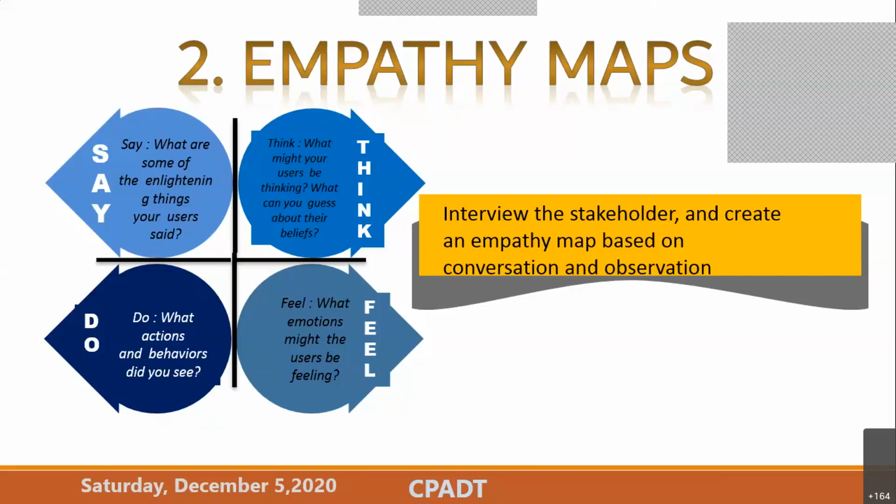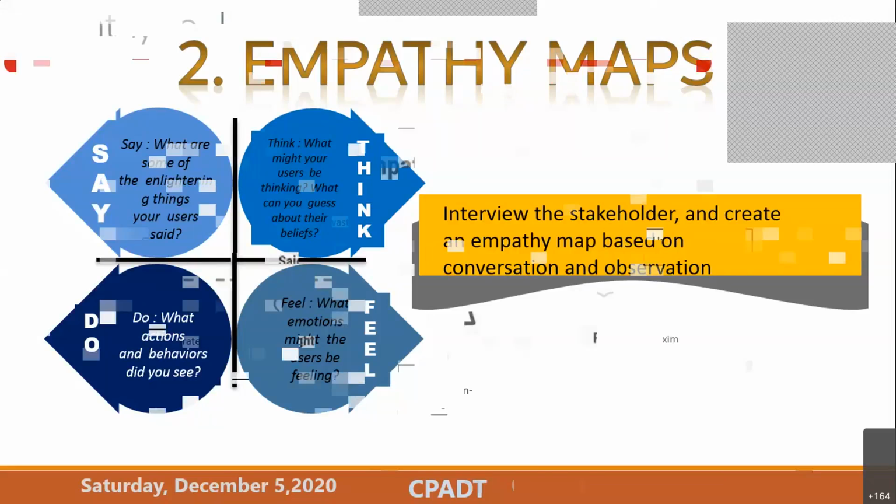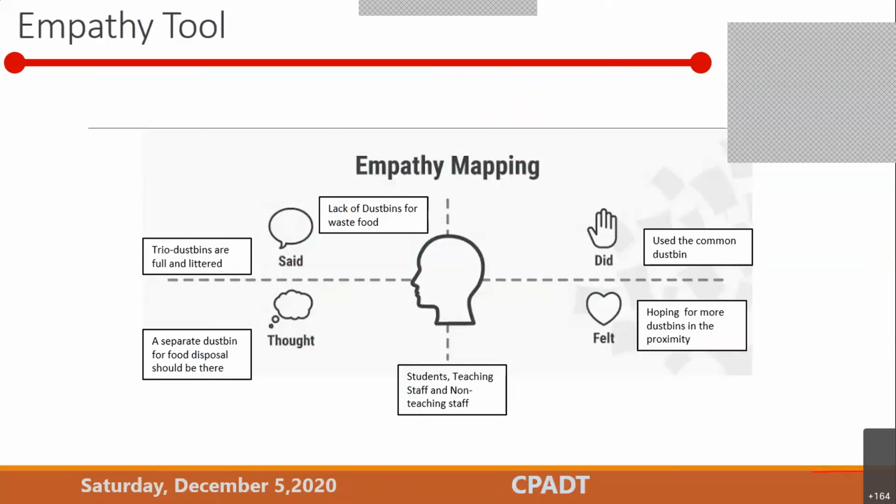So I try to create an empathy map after interviewing the stakeholders, based on the conversation and my own observation in that particular campus. This is a project taken up by faculty from the civil department and the computer science department. They tried to interview the people on the campus.